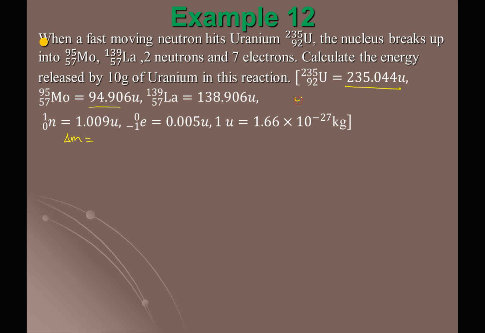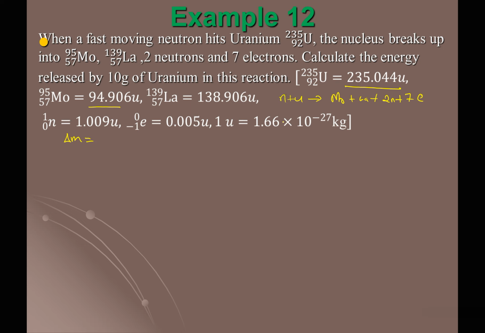This uranium is giving us Mo plus La plus 2 neutrons plus 7 electrons. Since they didn't ask for the equation, I will not write a full equation. I don't know which side is bigger, but as long as we get the difference in mass. By the way, there is a neutron this side, because they said when a fast moving neutron hits uranium, so I have to add a neutron this side.